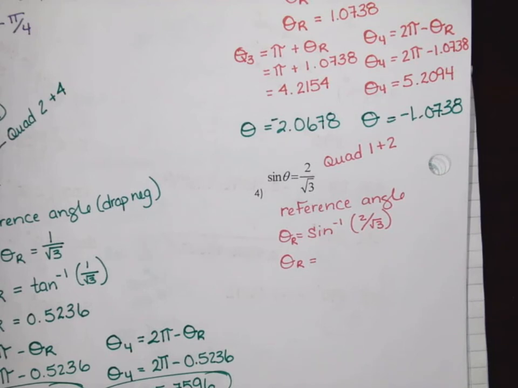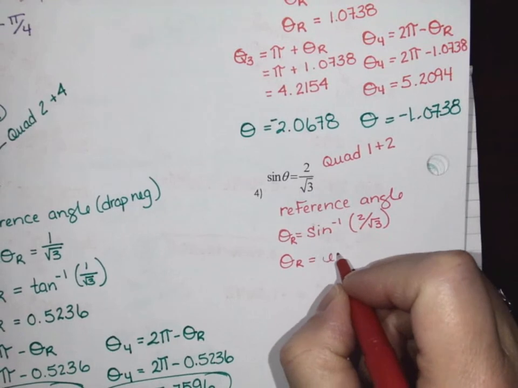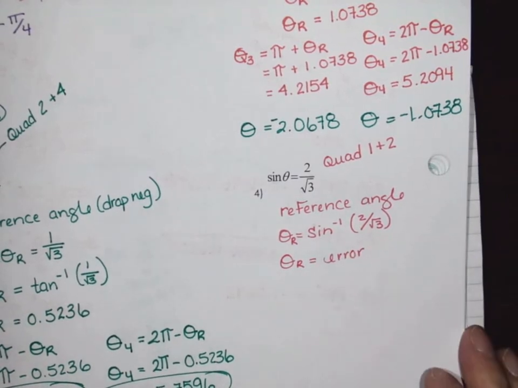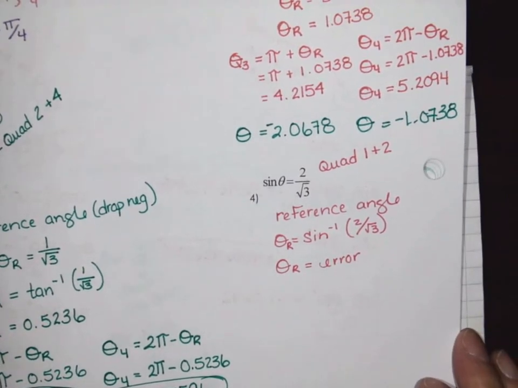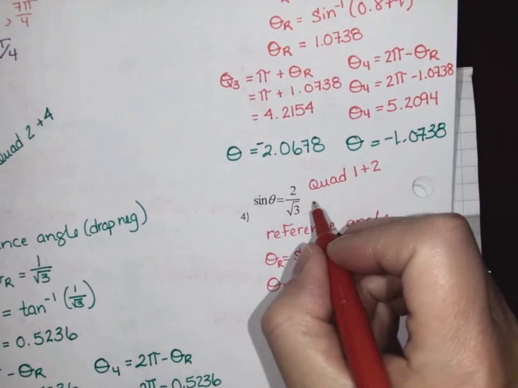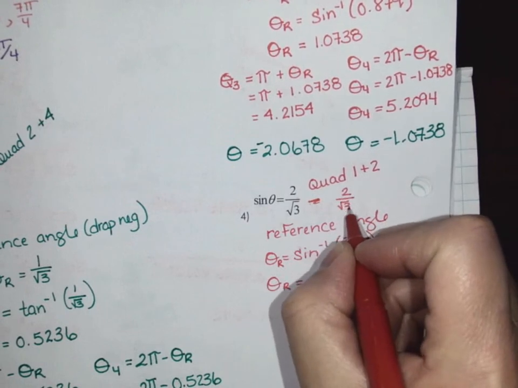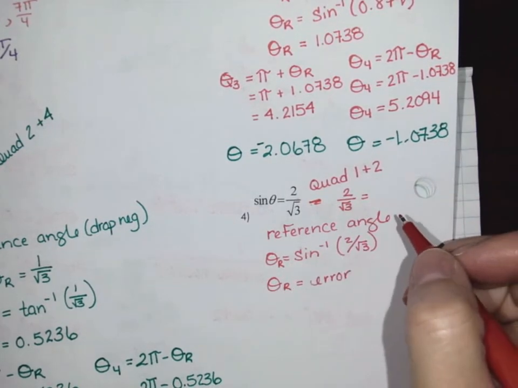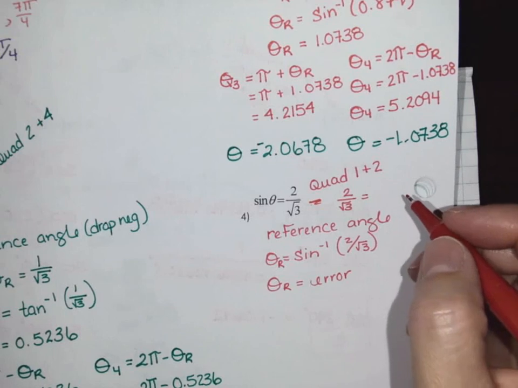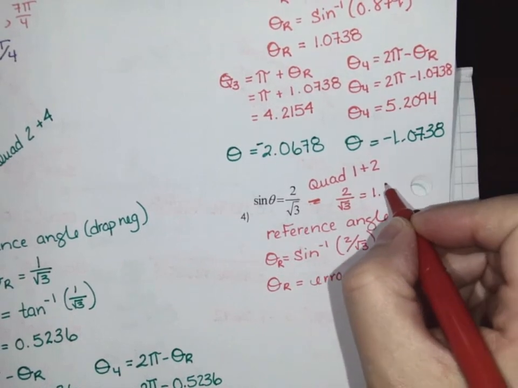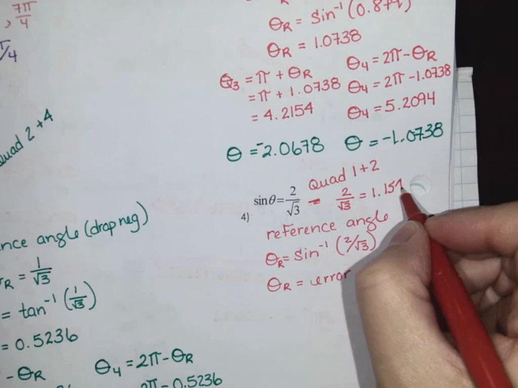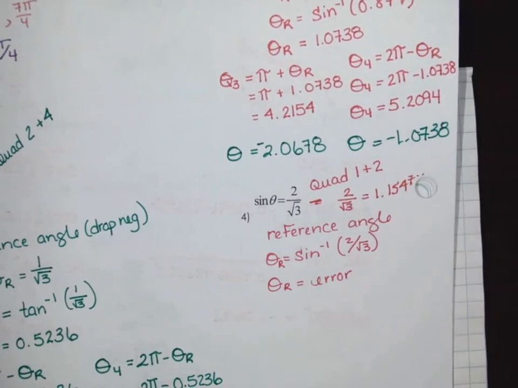Did you guys get an error? Perfect. You should have gotten an error. So if you just do 2 divided by root 3, you should get 1.1547 something, something, something. Okay?